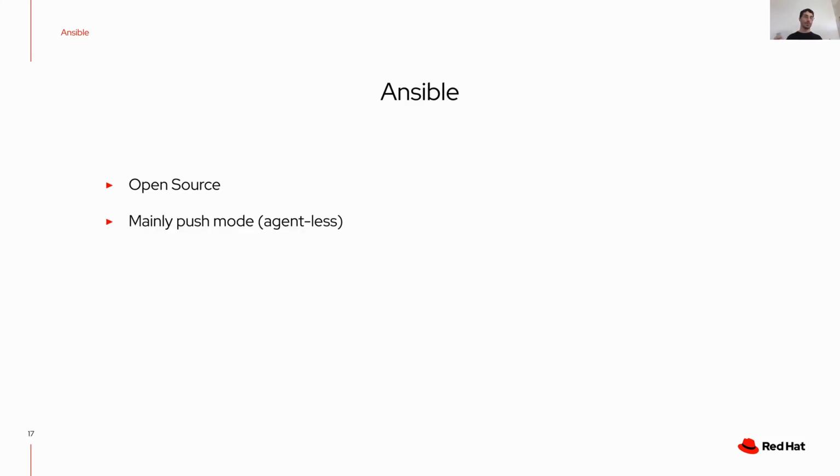Mainly Ansible works in push mode, so it's agentless. What happens is that you have a controller machine, AAP usually, that connects with SSH or other means to the various machines that need to be automated, and then it will push the automation to that machine.